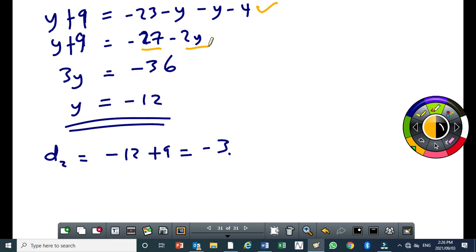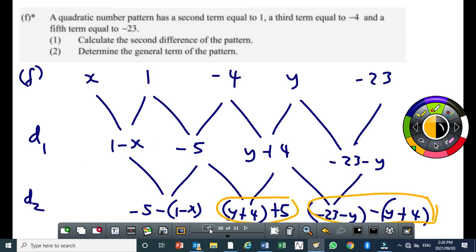Take the minus 2y to the left, it becomes 3y. That's grade 9 way. Then take the 9 to the left, it becomes negative. Minus 27 minus 9 gives you minus 36. Divide both sides by 3, you get y equal to this. And then you put that y back here. You can even put it here too, or there. You get the same answer.